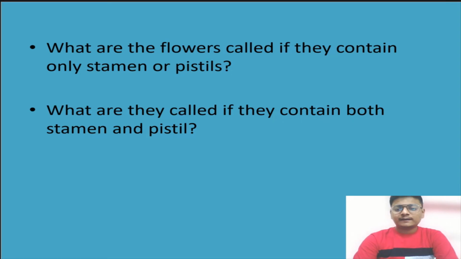It is made up of three parts: the swollen bottom part is known as ovary, the middle elongated part is known as style, and the terminal part, which may be sticky, is known as stigma. The ovary contains ovules and each ovule has an egg cell.